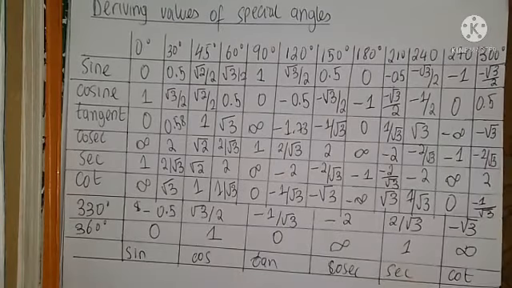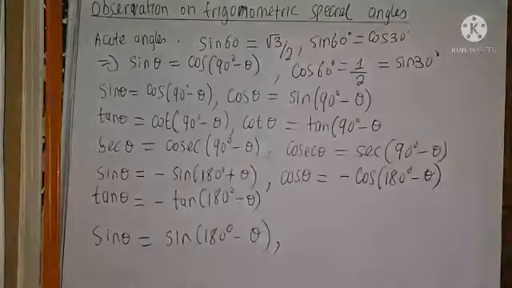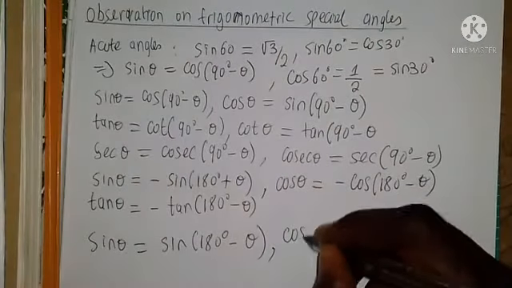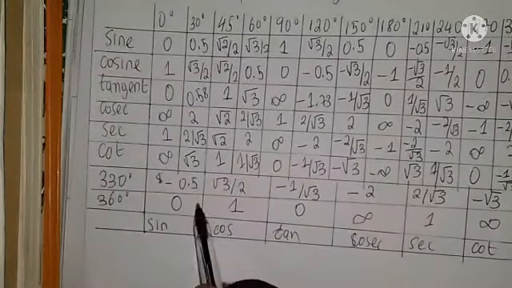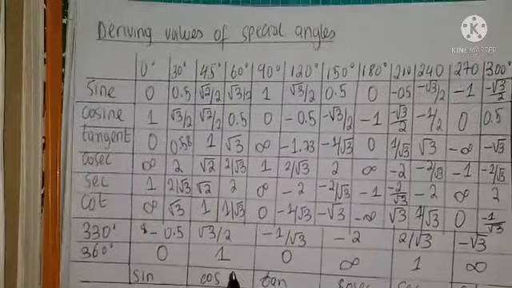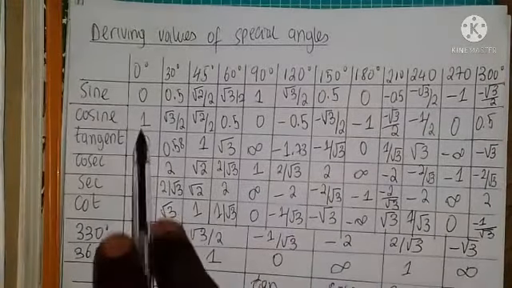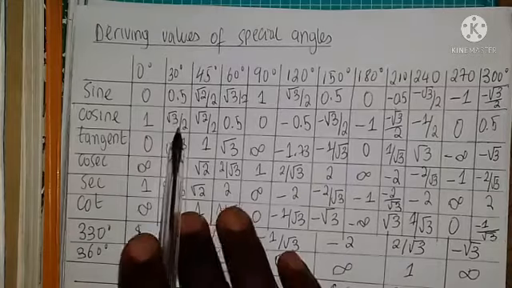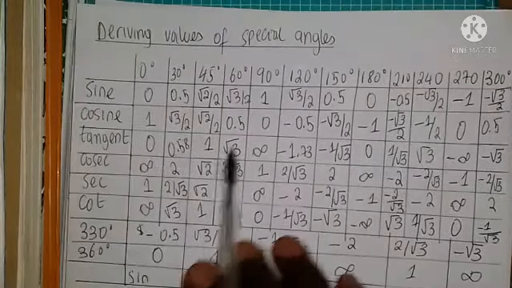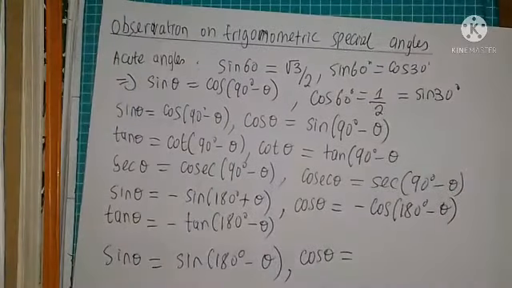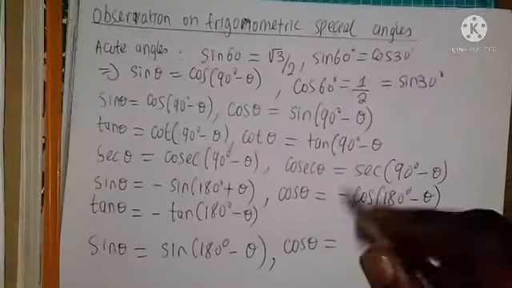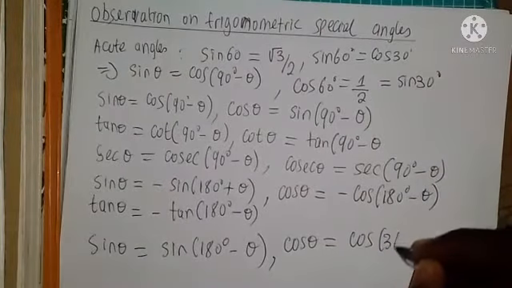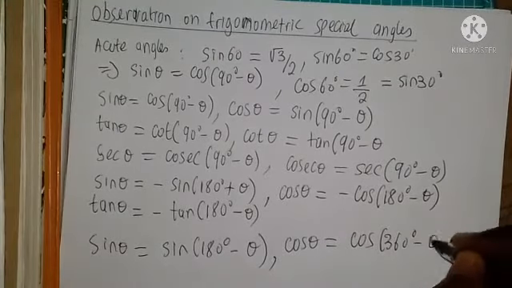And here it is. So for cos, theta is equal to 360 degrees minus theta. Because here, cos 0 is 1, cos 360 is 1. Cos 30 is root 3 on 2, cos 330 is root 3 on 2. Cos 60 is 0.5, cos 300 is 0.5. So cos theta is equal to cos of 360 degrees minus theta.